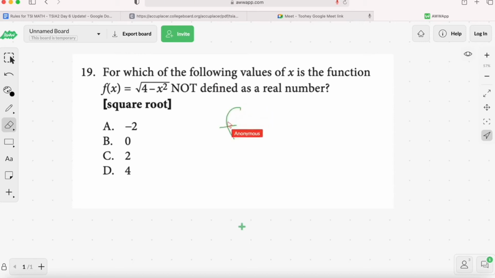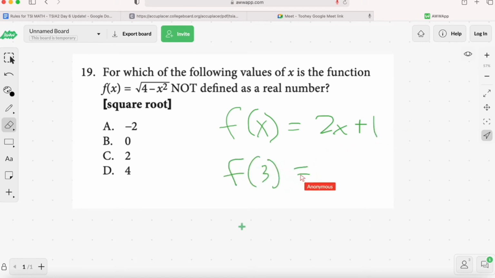So I'm just going to give you a function. I'm going to make one up. f of x equals 2x plus 1. Just keep it simple. If I said find f of 3, do you know what that means? It's just a fancy way of saying x equals 3. Yeah, just plug in a 3 for x. Where there was an x, now there's a 3 in the function.